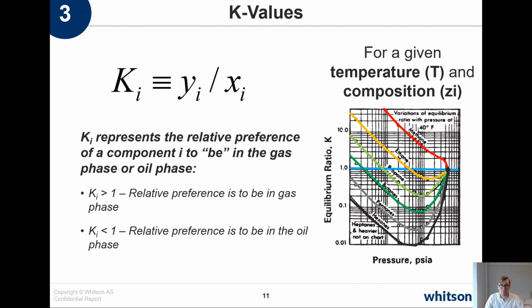The ratio is simply taking the mole percentage of a component that would like to be in the vapor phase, and you divide that by the amount or the composition that is in the oil phase, and you get a number. And if that number is higher than 1, the relative preference is to be in a gas phase, and if the number is less than 1, the relative preference is to be in an oil phase. Very, very straightforward.